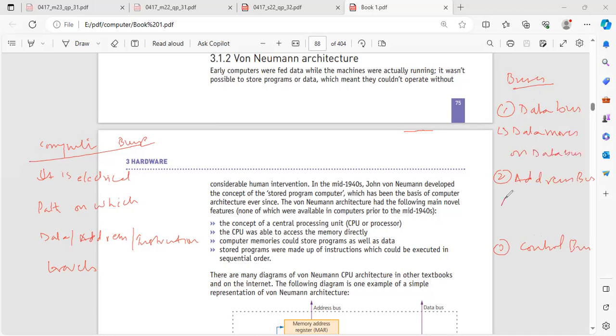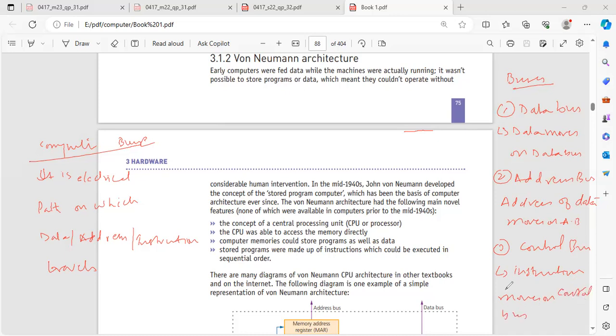The address of data moves on the address bus. Signals and instructions move on the instruction or control bus.